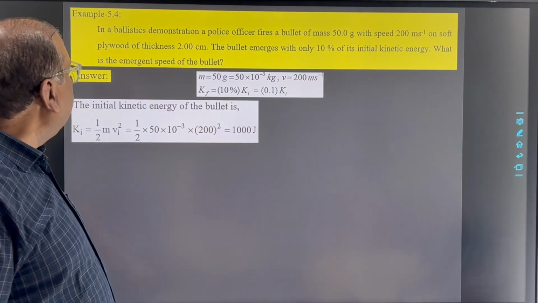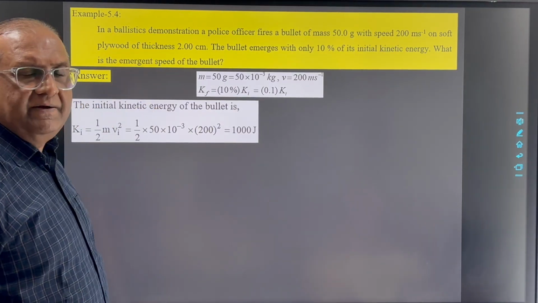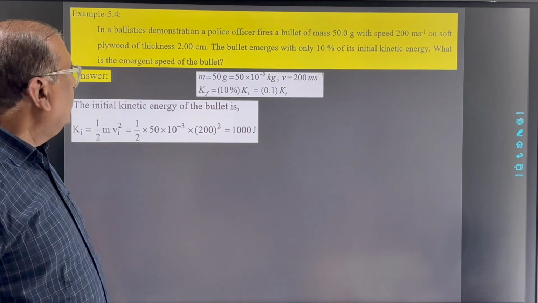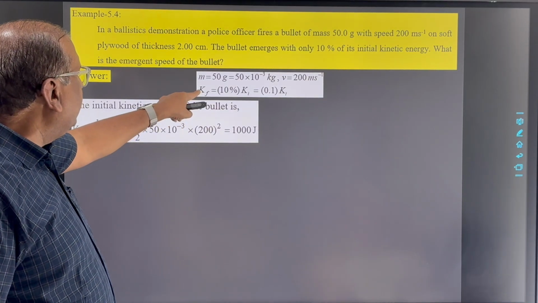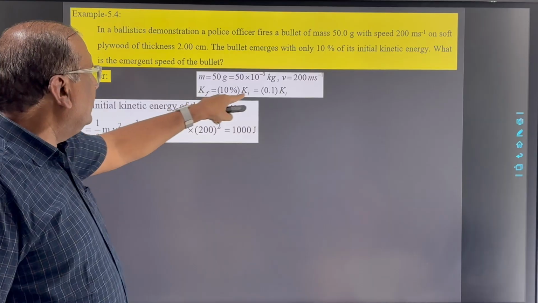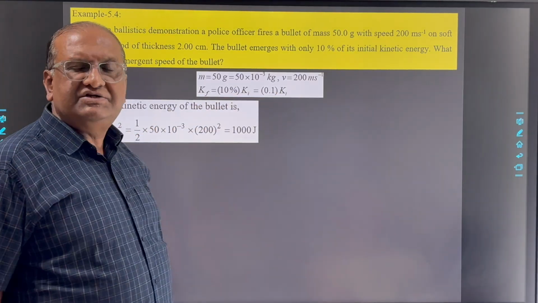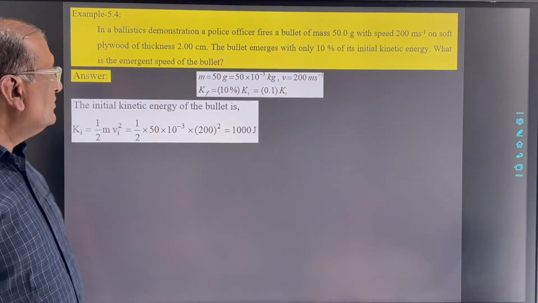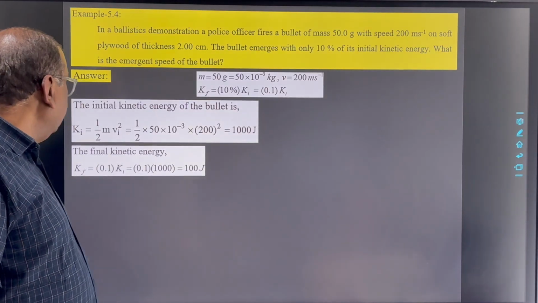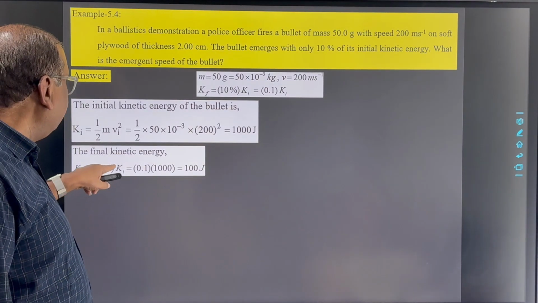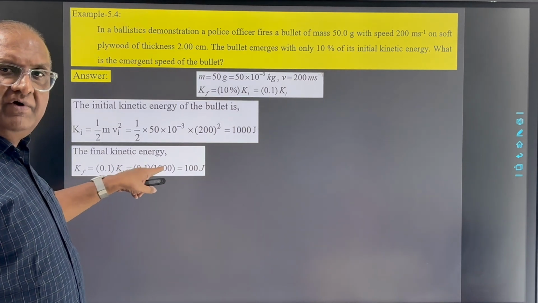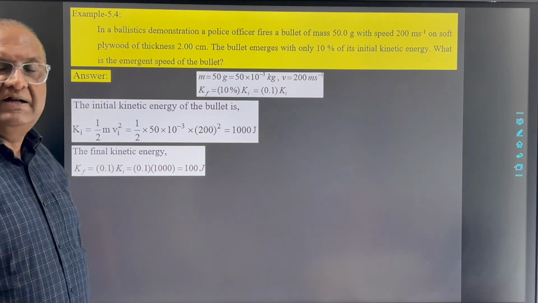Now we have to calculate the emergent speed. The information given is that final kinetic energy is 0.1 times initial kinetic energy. So K final is 0.1 Ki, so 0.1 into 1000, that is 100 joule.